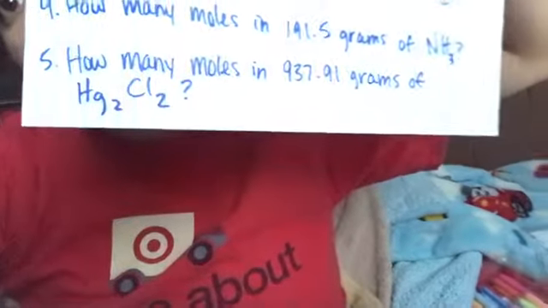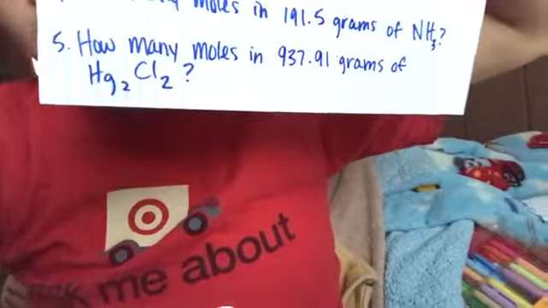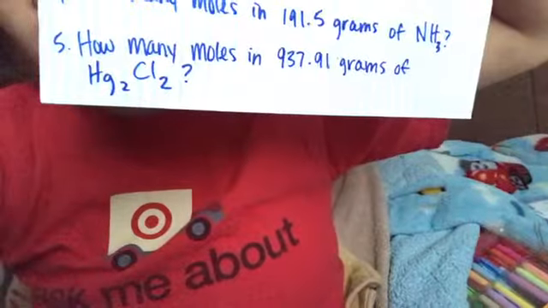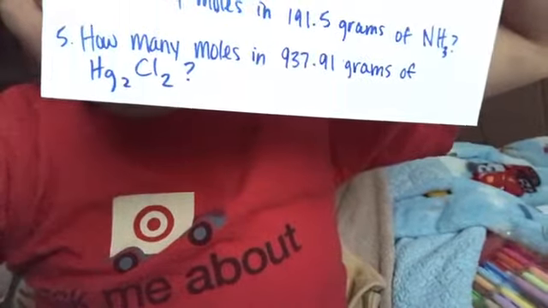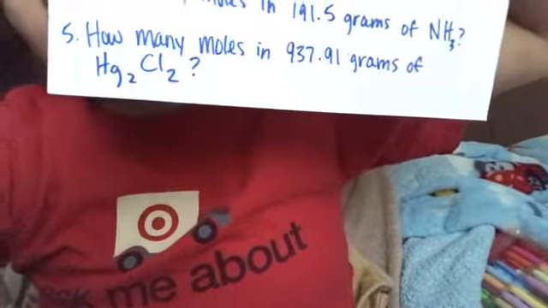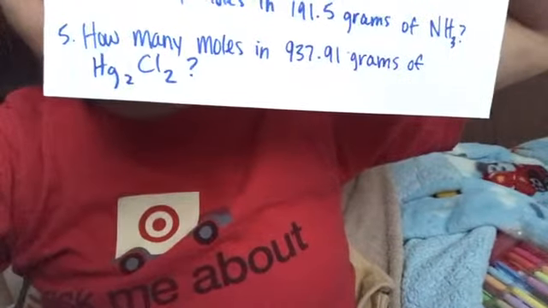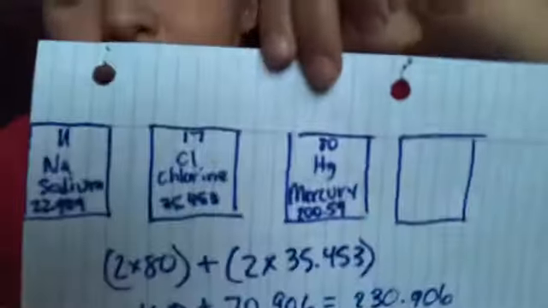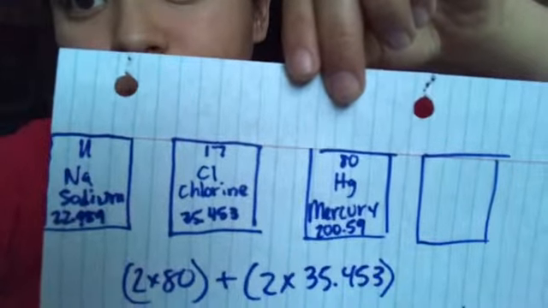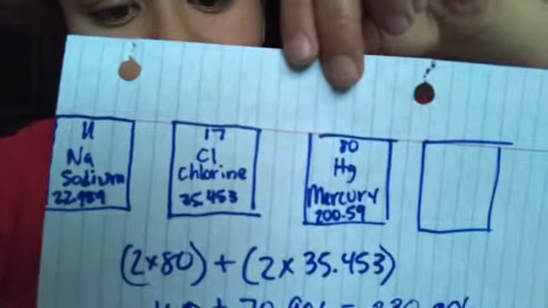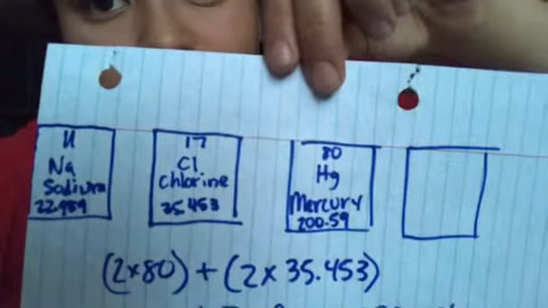So with this one, we need to remember to put molar mass of mercury times 2, molar mass of chlorine times 2. And then after that, add them together to get the answer for their mass all together. So, here again, chlorine 35.453 is a molar mass.